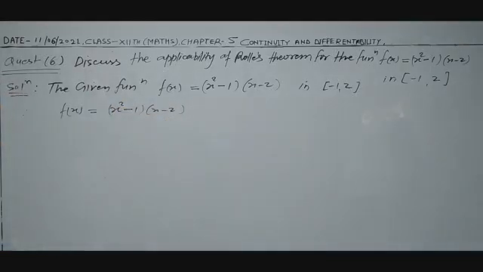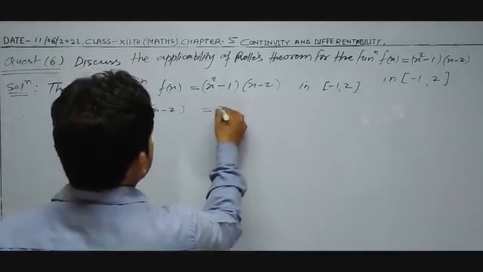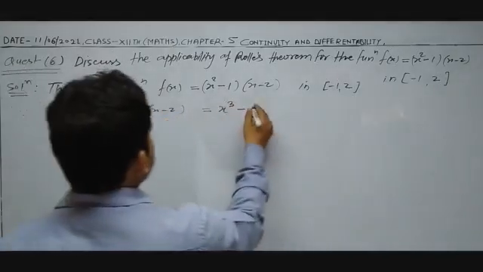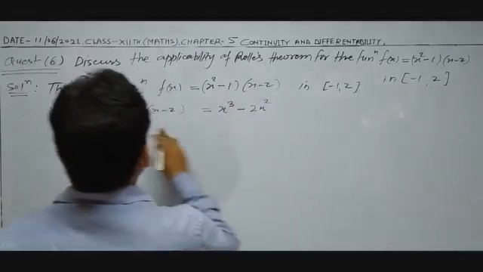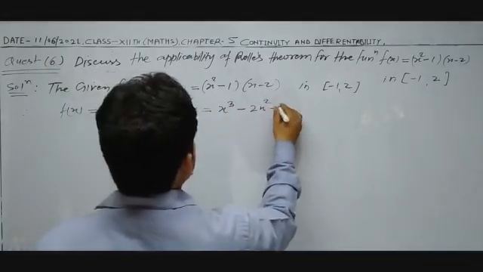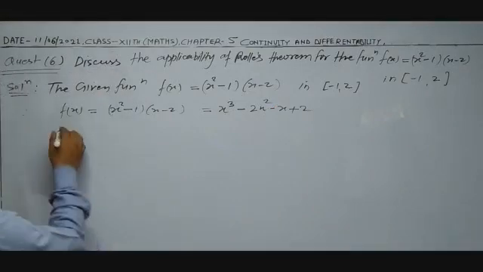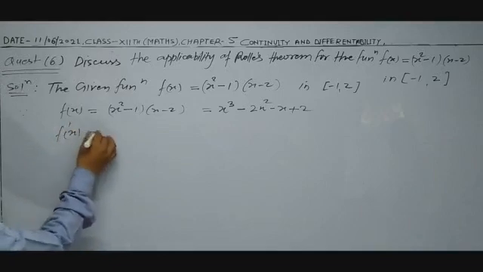When you multiply this function, what will you get? This is x³ − 2x² − x + 2. It is the product, and you can find f'(x).